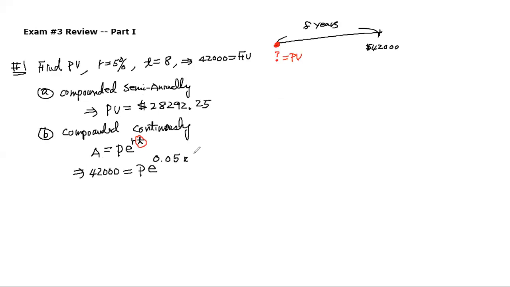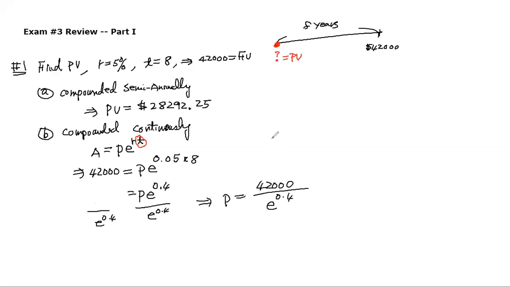So this will be times 8. So this will be P times E to the 0.4. So in order to get the P value, I can divide by E to the 0.4 on both sides. Then I will get my present value is equal to 42,000 divided by E to the 0.4 here.